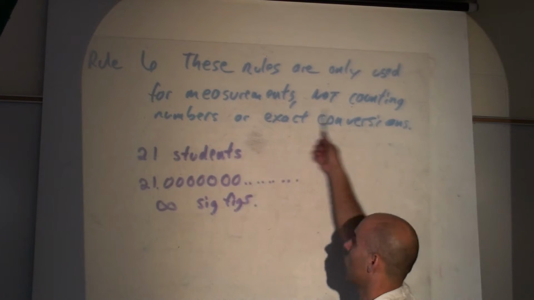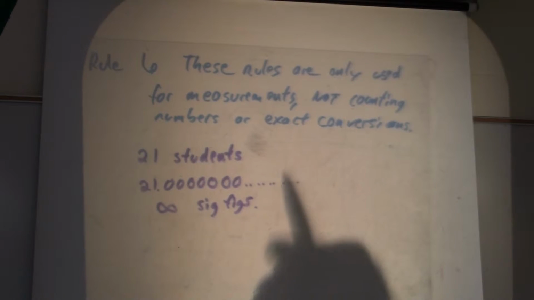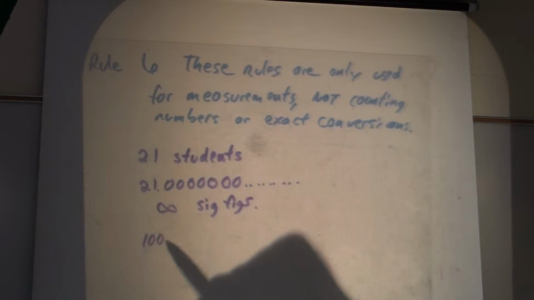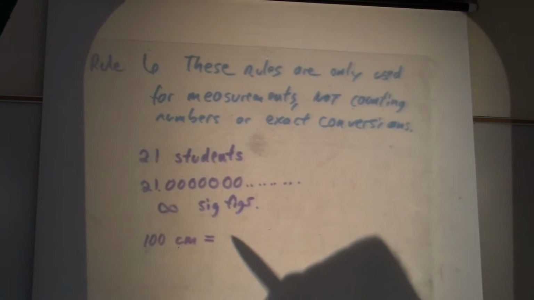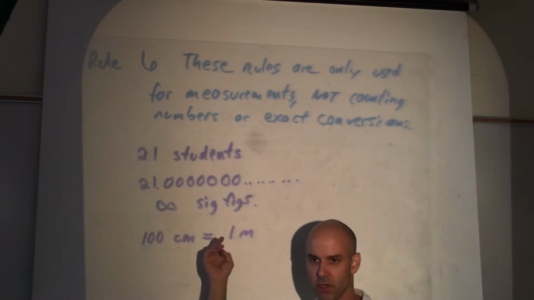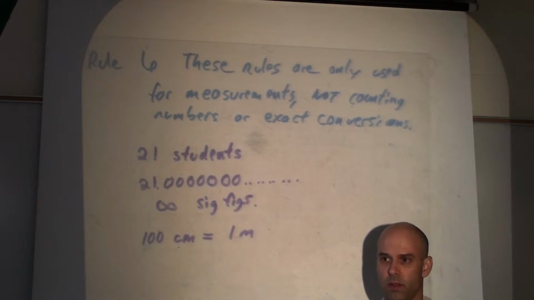And the same thing works with things that are exact conversions, as I like to call them, or by definition. If I say 100 centimeters are in 1 meter, why are there 100 centimeters in a meter? Because a bunch of French guys got together and said, hey, let's make it 100.